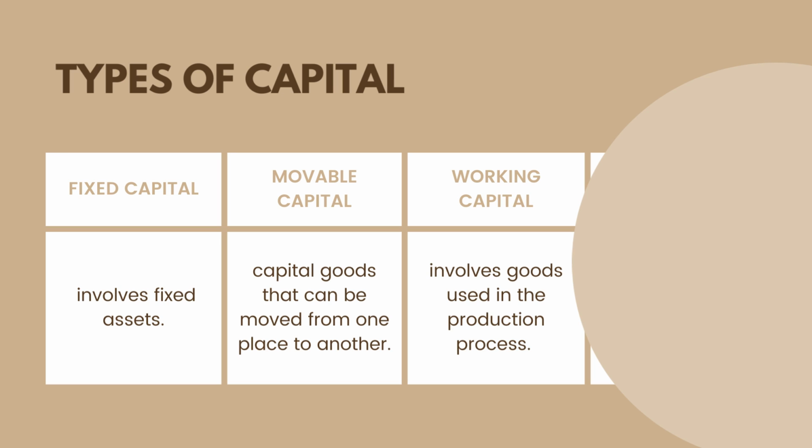Another important term is cash flow. What is cash flow? It is the movement of money into and out of a business, usually measured during a specified period of time.